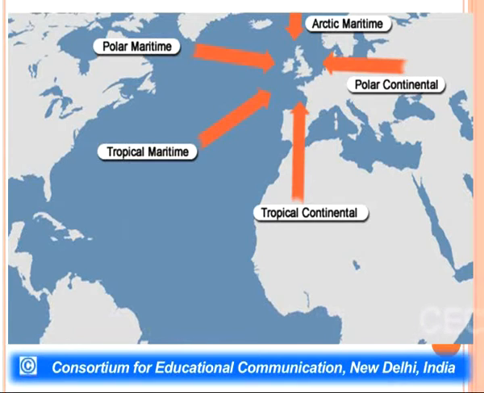Now, the southern part of the Europe continent receives heavy snowfall in winter season all because of the continental polar air mass and the thermodynamic effect of the Black Sea.